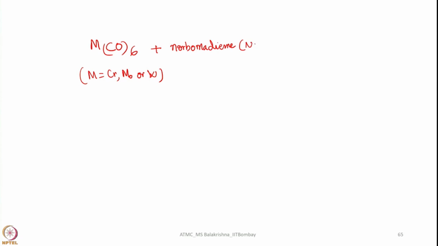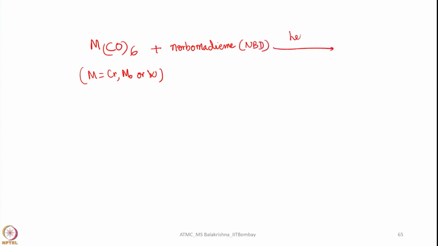To begin with, let me show you how to make some of these MCO4 compounds having C2V symmetry. For example, take MCO6 in general, where M is chromium, molybdenum or tungsten, and treat this with norbornadiene, also called NBD.